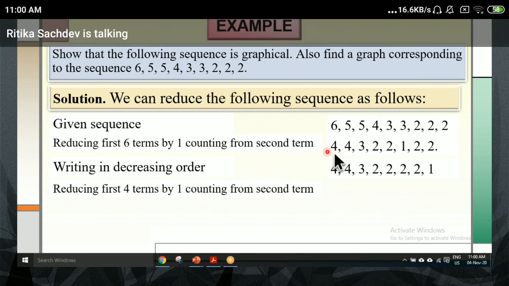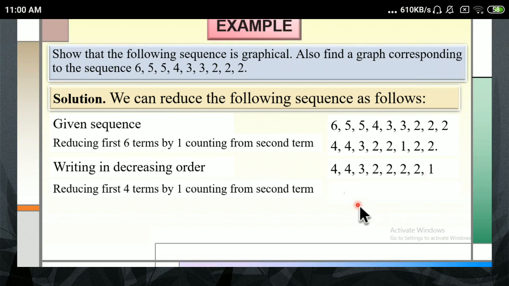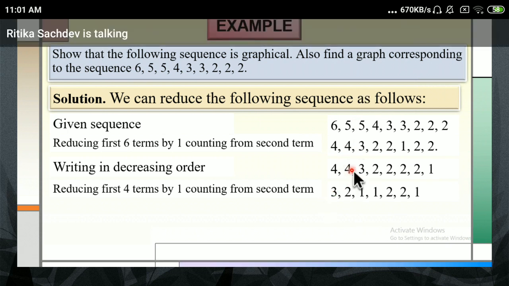Please note, after this, it says reducing first four terms by one, counting from second. Count four numbers from the second and reduce them, the rest will come as it is. This 4 will become 3, this 3 will become 2, this will become 1 1. You don't have to touch these remaining three at all. So if you see, this 4 has become 3, this 3 has become 2, this 2 has become 1, this 2 has become 1, and the remaining stay as they are, 2 to 1.